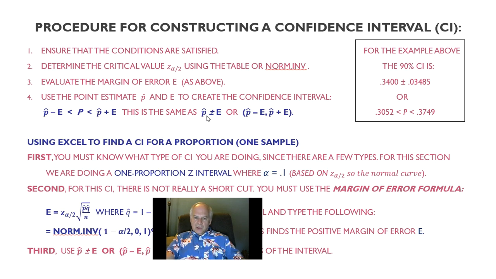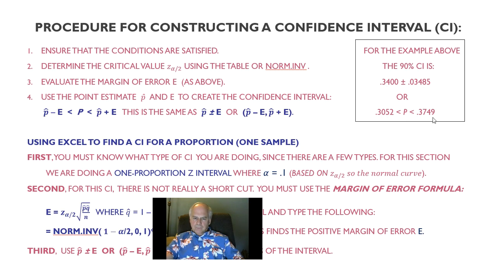Now you could also go p hat plus or minus e, or in this notation with the parentheses. So for the example up above, for the 90% confidence interval, we had a p hat value of 0.34, we had a margin of error of 0.03485, and then when we subtract that and add that from the p hat, you get these two ends of the interval.